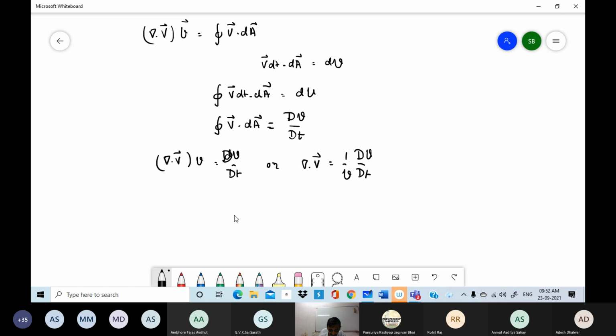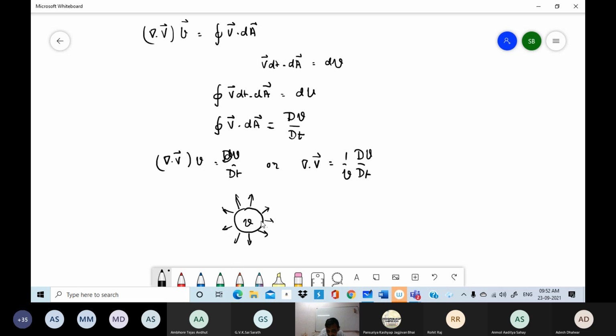So what it says is, if I have a volume element V and I have a velocity which is everywhere outward normal, in that case V dot dA is a positive quantity, which means from the divergence theorem del dot V must be a positive quantity.